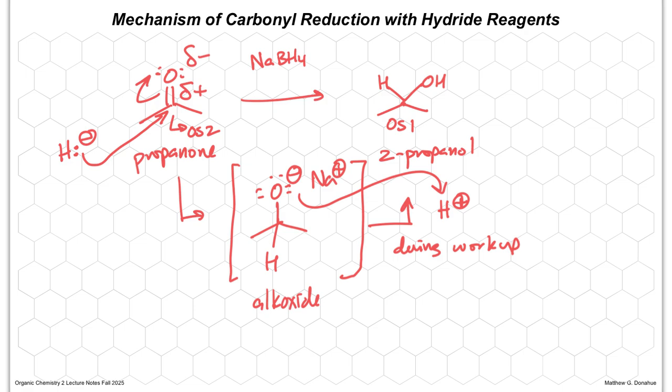So have you guys done thin layer chromatography in lab? So thin layer chromatography, or TLC, is typically used to analyze the progress of a reaction. So we have a starting material, and then we have a product.